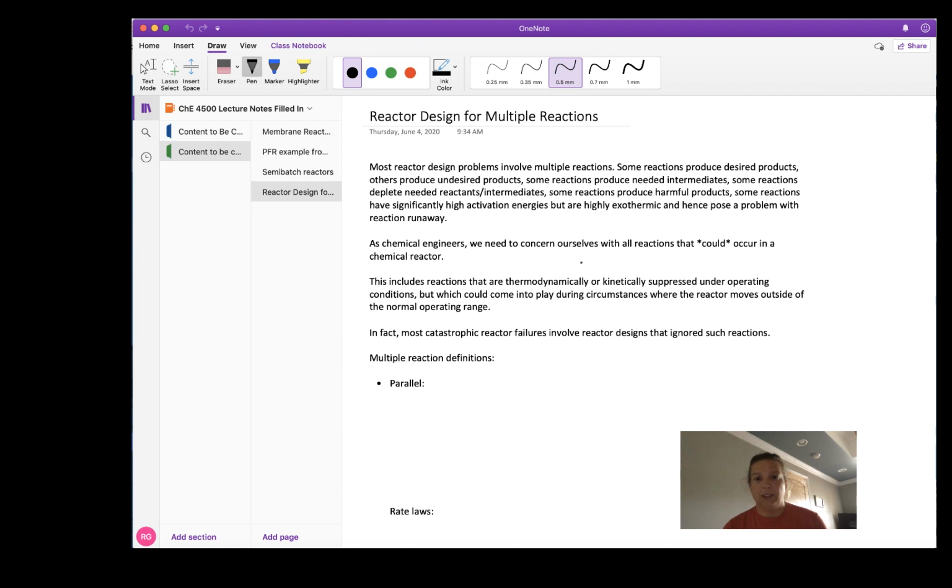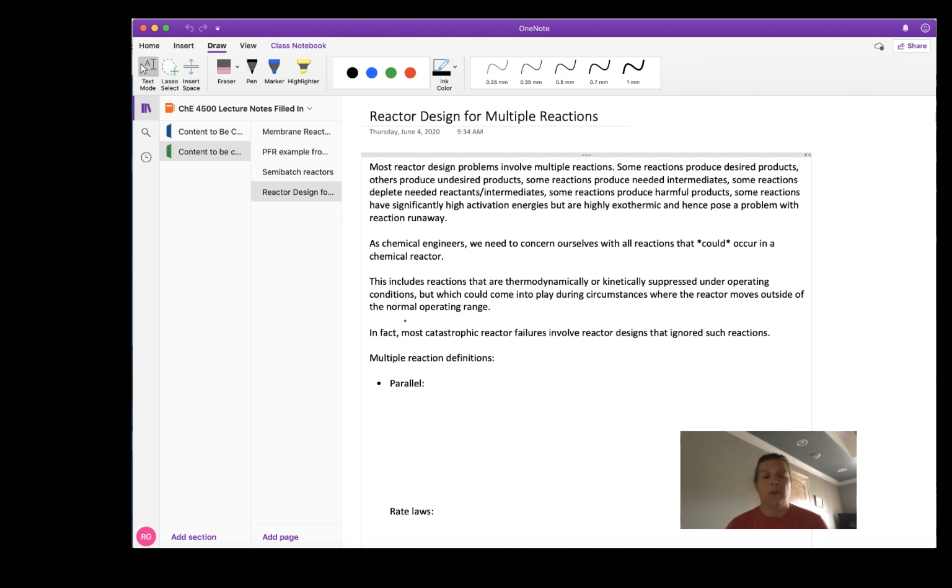So we need to concern ourselves with all the reactions that could occur in a chemical reactor. We have a bunch of chemicals together. What could happen? We don't want to just think about the desired reactions, because then we're not doing our job. We want to think about everything that could happen so that we can make sure that we control for it. This includes reactions that are thermodynamically or kinetically suppressed under operating conditions, but which could come into play under circumstances where the reactor moves outside of the normal operating range.